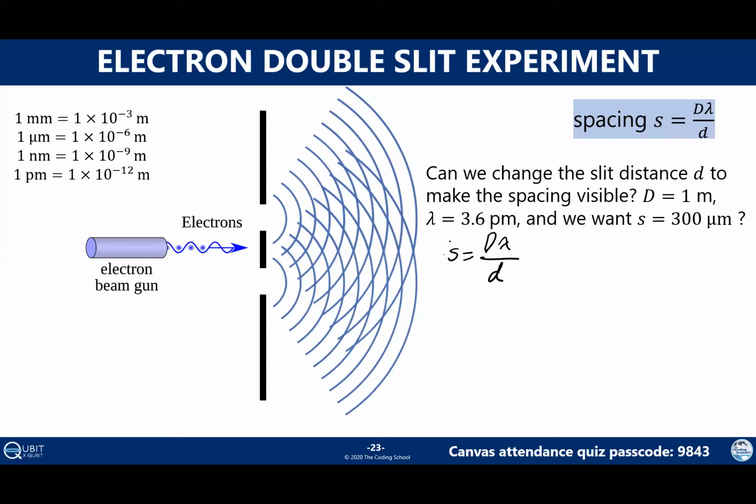We know how far we want the light and dark patches to be from each other, we know how far away we are, and we know the wavelength of an electron. What we want to solve for is how close our slits need to be. So I'm just going to multiply both sides by small d, divide both sides by s, and we get something that looks like this. And then I can plug in my numbers. Easy stuff.